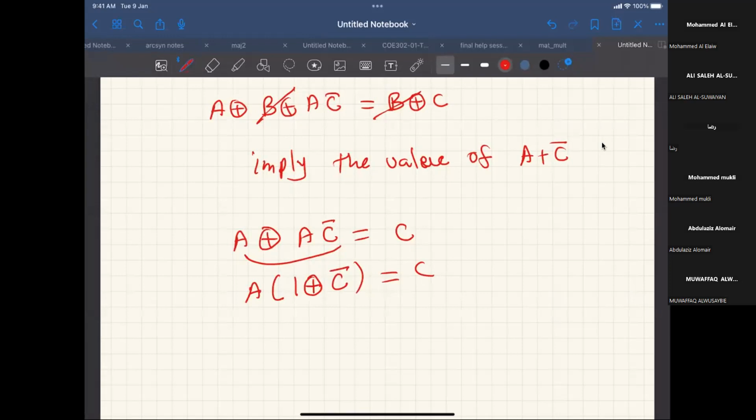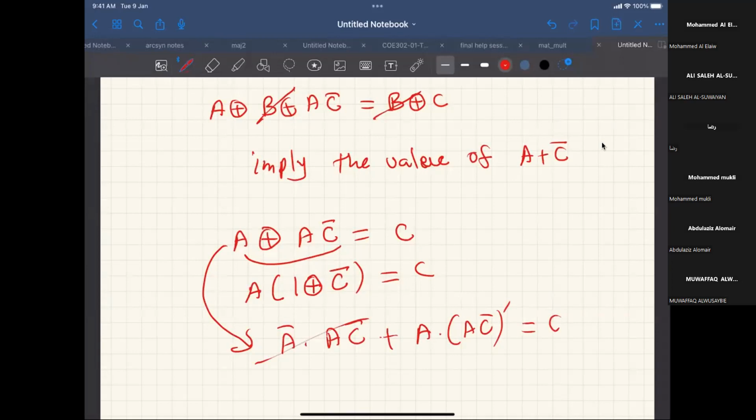You can convert this to algebraic manipulation, like, for example, A complement ANDed with A C complement, ORed with A ANDed with A C complement complement, and that equals C. This will go away, and this will be A ANDed with A complement ORed with C, and that equals C. So this is one way to do it, and this is another way to do it.